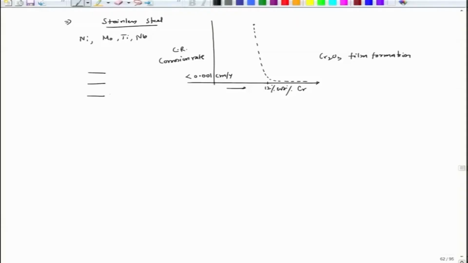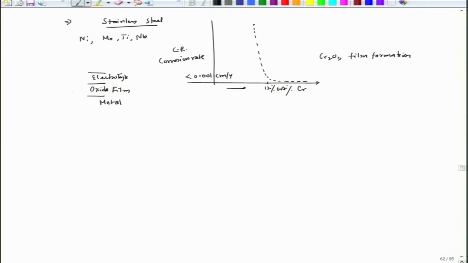So, we have interfaces. One is the oxide film, this is metal, this is electrolyte. In case of a porous film on top of the oxide film, we can have three interfaces, where one interface will be oxide and porous film.